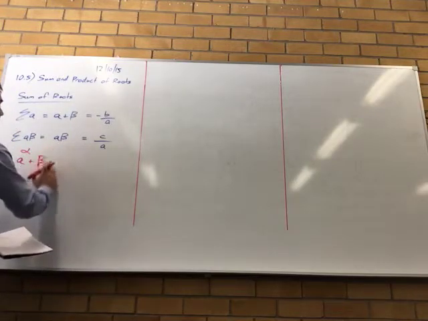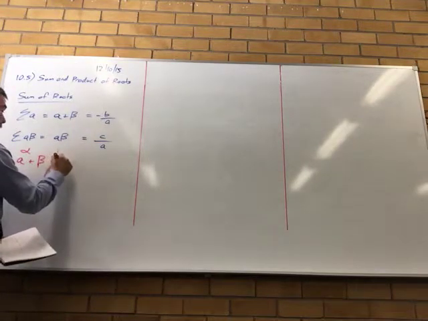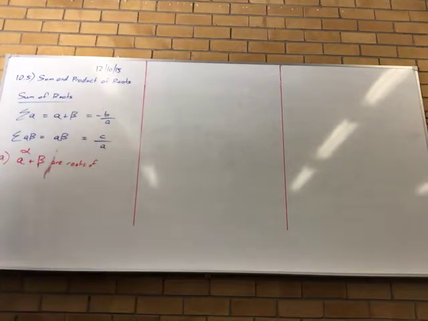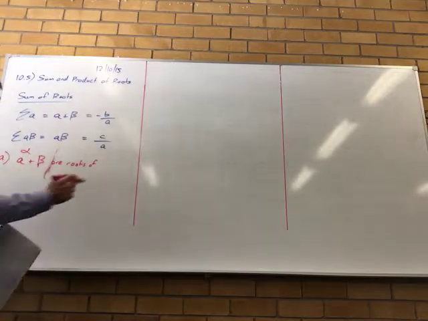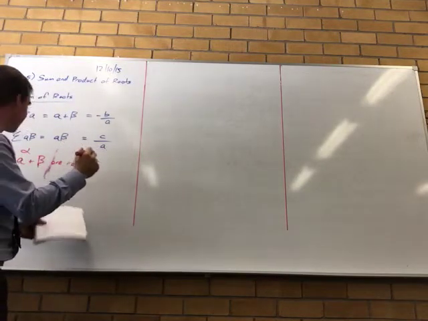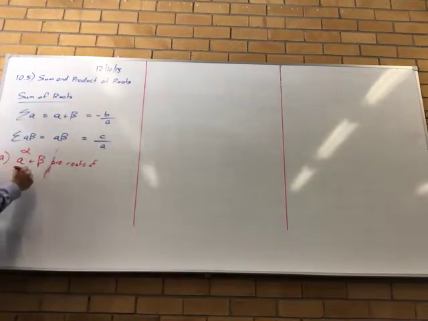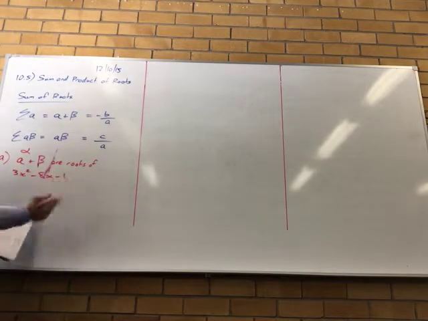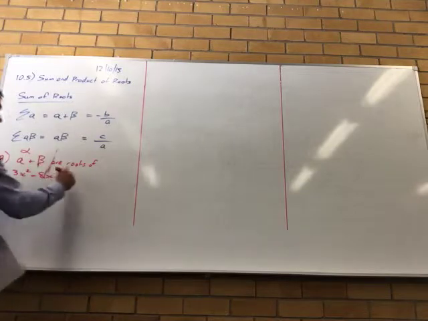So if alpha and beta are the roots of 3x squared take away 8x, take away 1, equals 0.